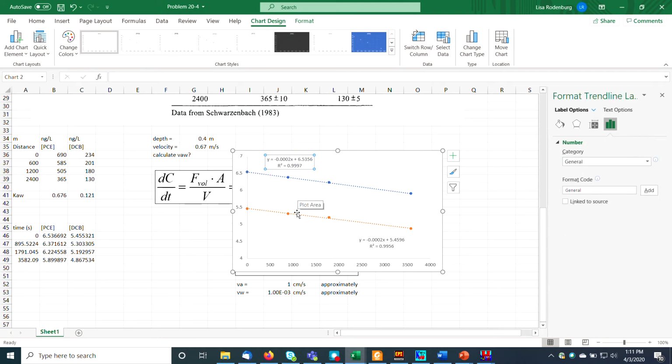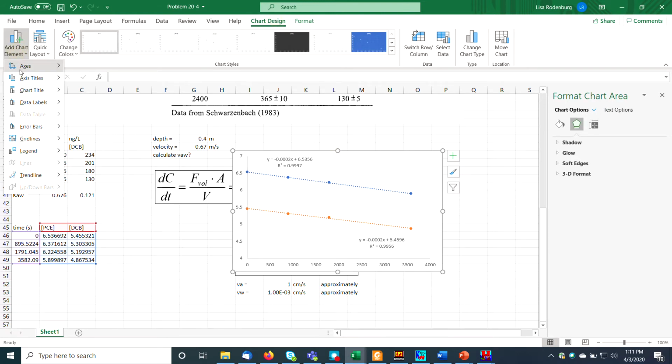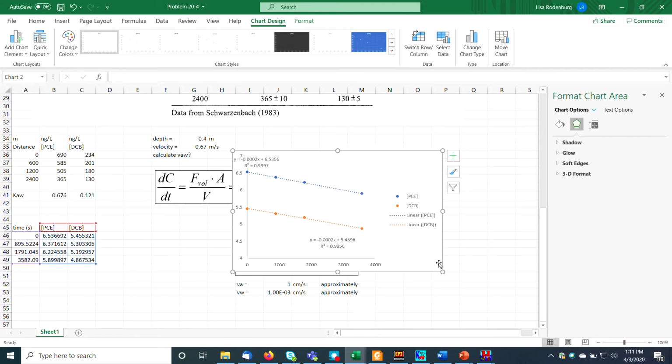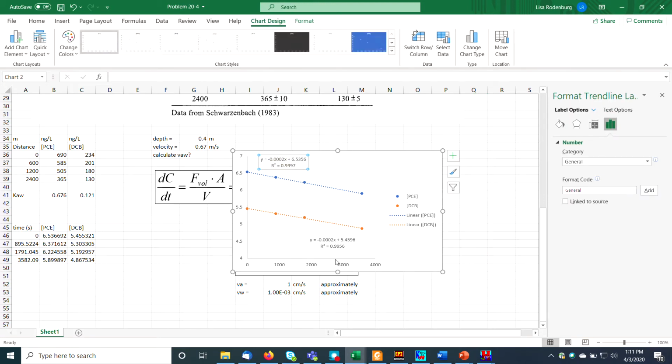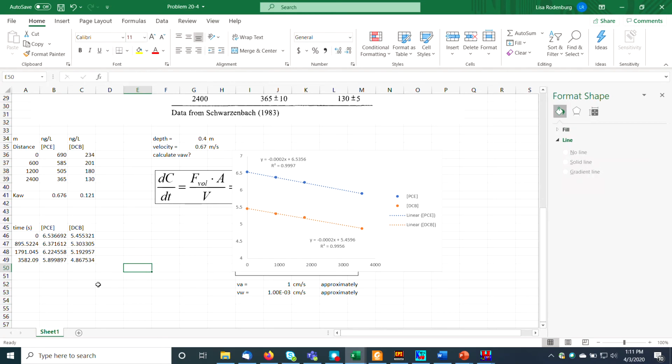And if I'm going to be anal retentive, I'll go over here and add a legend. There we go. Wow, so impressive. So this is log of concentration and this is time in seconds. Okay, let's see, where are we here?